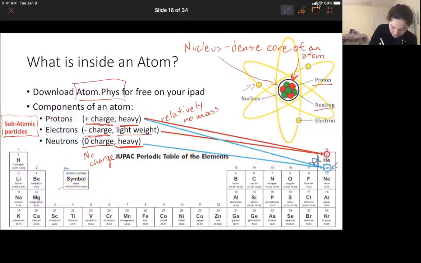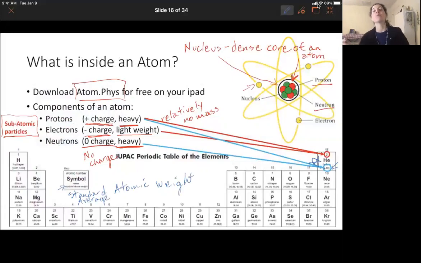I don't know if you can see this. This isn't the greatest. It's a standard atomic weight. That's what that symbol is there. You might also hear me refer to it as average atomic weight, or atomic mass. Sometimes those get used interchangeably, even though they technically are not the same thing.